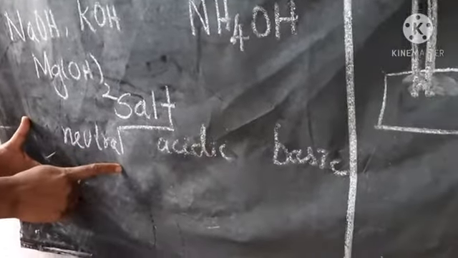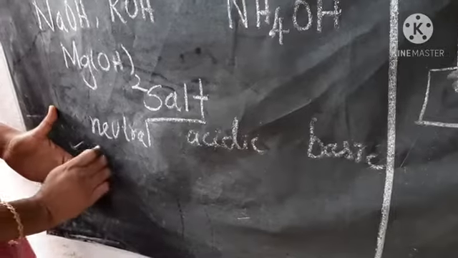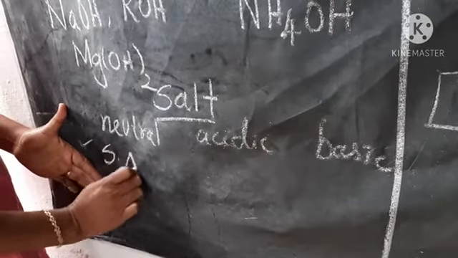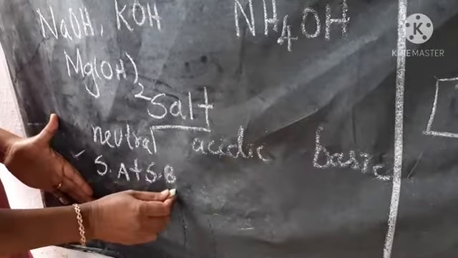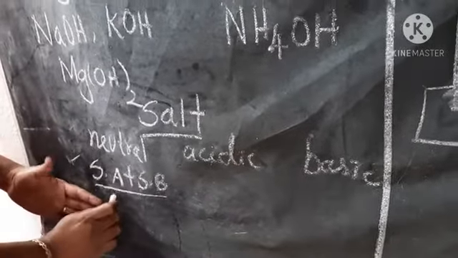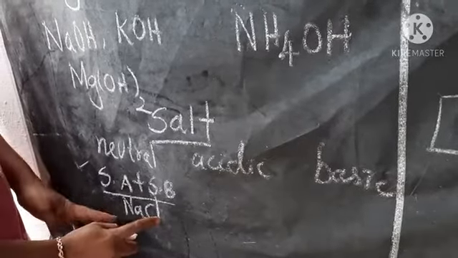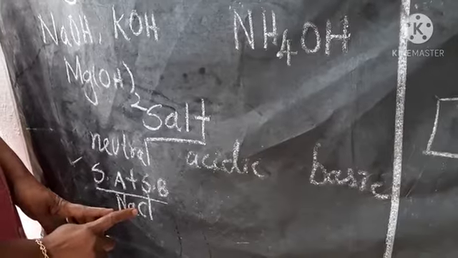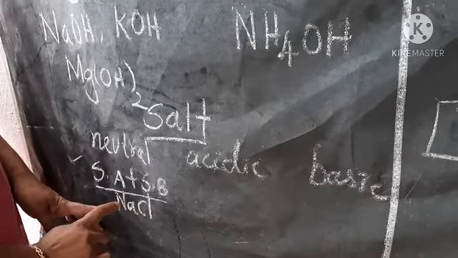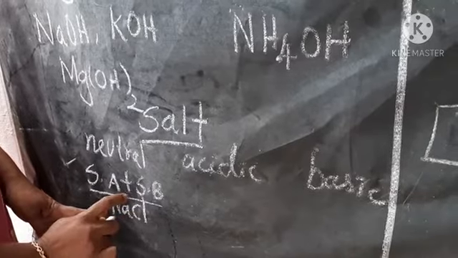Neutral salt is formed from strong acid plus strong base. For example, NaCl is a neutral salt because it is formed from sodium hydroxide and HCl. Here sodium hydroxide is a strong base and HCl is a strong acid.